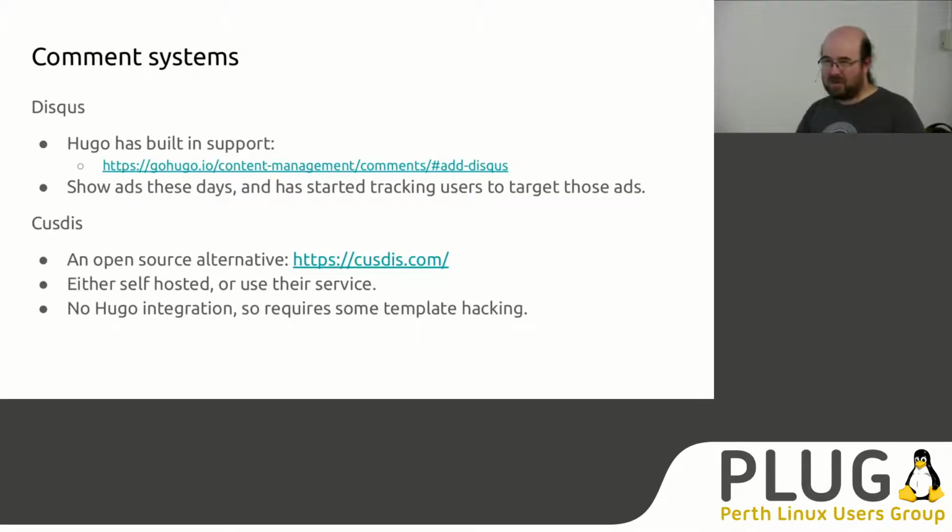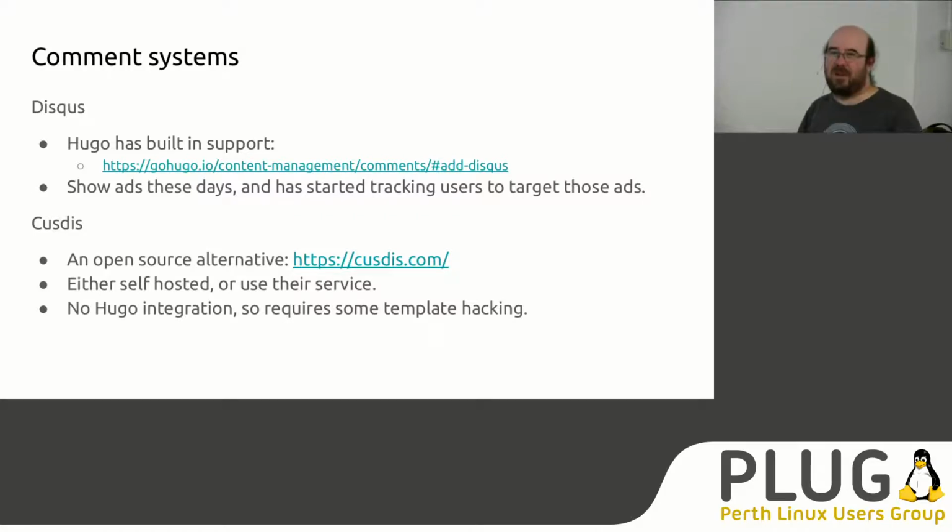For commenting systems, probably the most well-known one you've seen on various sites is called Disqus. There is some built-in support for configuring Disqus on a Hugo website, but I don't know if I would pick Disqus for a new website these days.